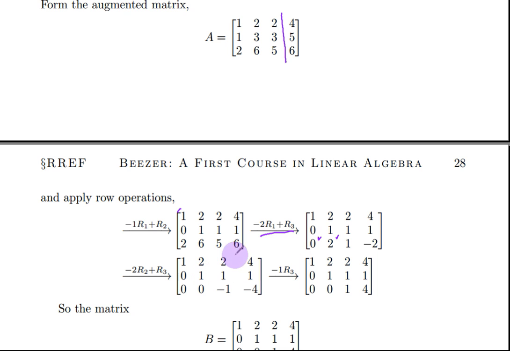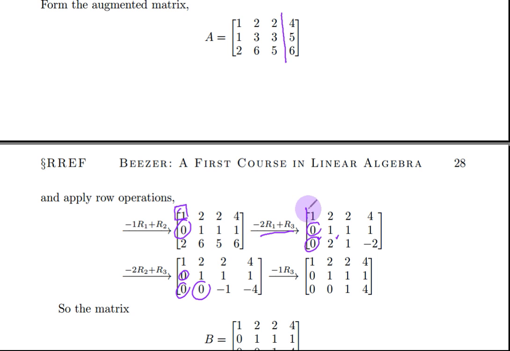Now, we didn't ask the question, why did you do this particular sequence of row operations? We'll talk about that later. But just notice the pattern here. This matrix here has a 0 here. This matrix here has a 0 here and a 0 here. This matrix here has a 0 here, a 0 here, and a 0 here. Furthermore, this matrix has a 1 here.